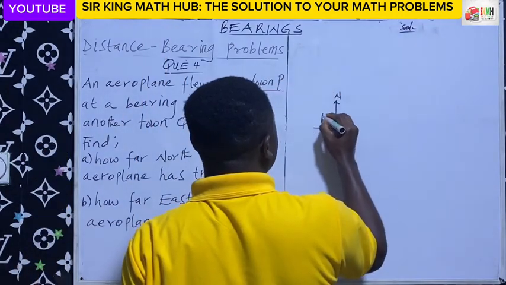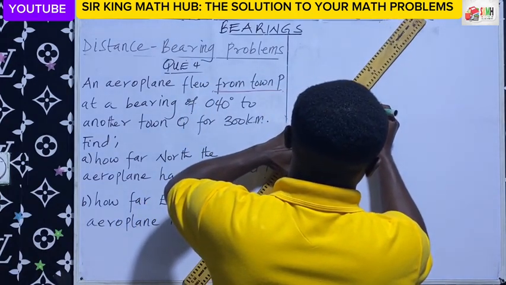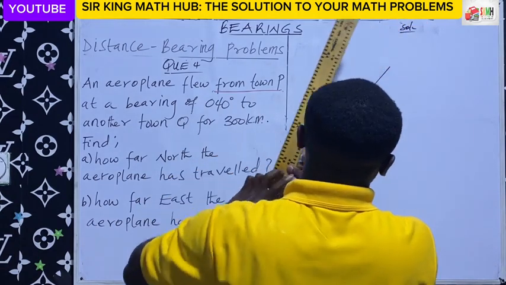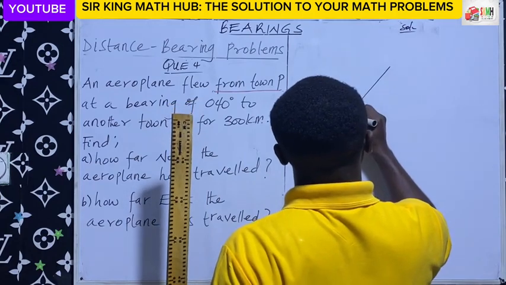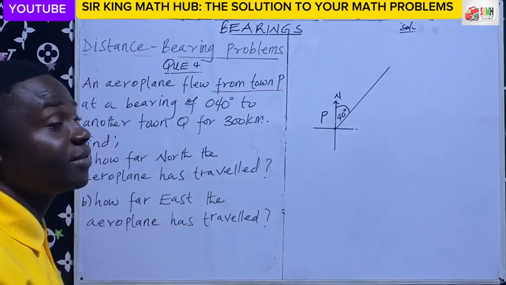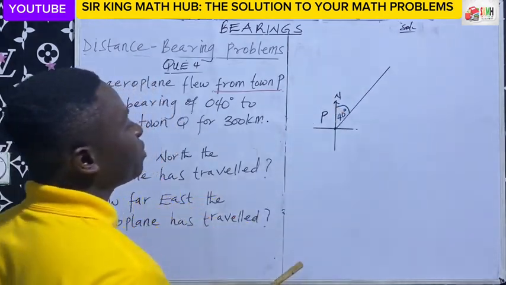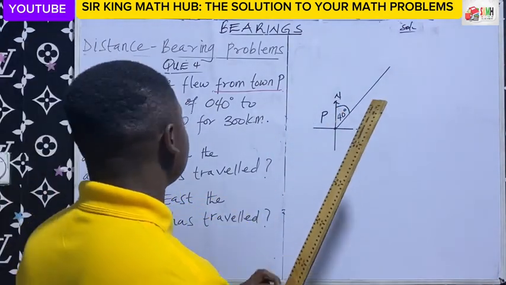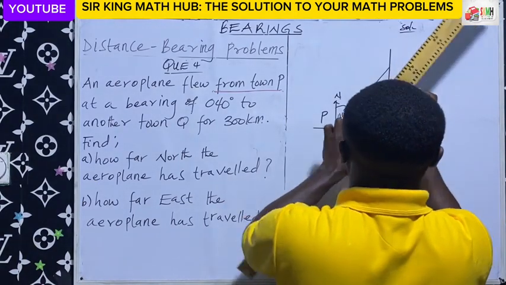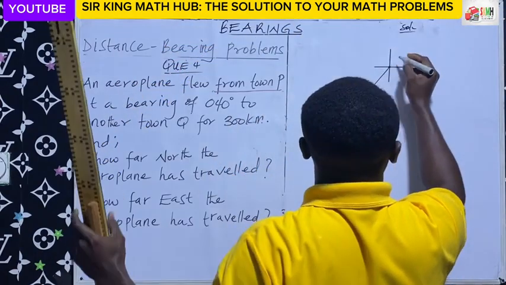Here is town P, 40 degrees. We know that for the three-figure bearing, angles are read from the geographical north in the clockwise direction. That is 40 degrees to another town. So this town here is town Q.